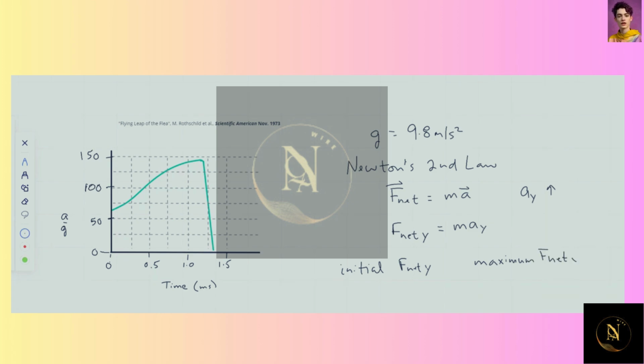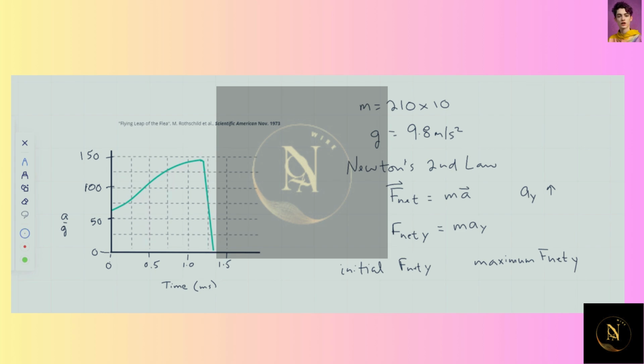And we can certainly answer these questions if we identify those points on the graph, and we also have the mass of the flea. So let's go ahead and write down the mass of the flea is 210 micrograms, which is, let's see, is it 10 to the minus 6 grams or 10 to the minus 9 kilograms?